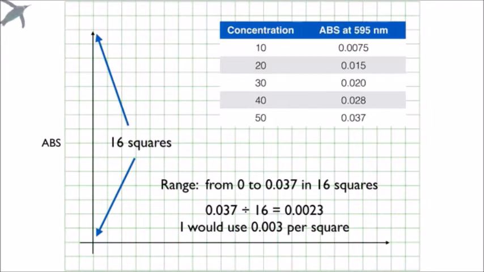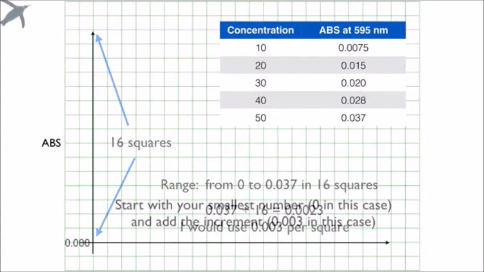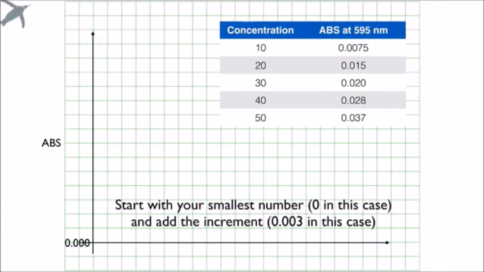That number is kind of awkward, so I'm going to round up and use 0.003 per square. So what I'm going to do is start with the smallest number. In this case, I am using 0, even though that is not one of my data points, but it is very close to 0.0075. And then you add the increment that you just decided to use. Now, just for clarity, I'm not going to mark every single square on the Y. I'm going to use every other square.